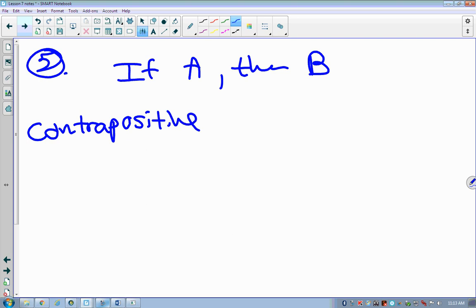In order to understand contrapositive, it helps if you understand converse and inverse.